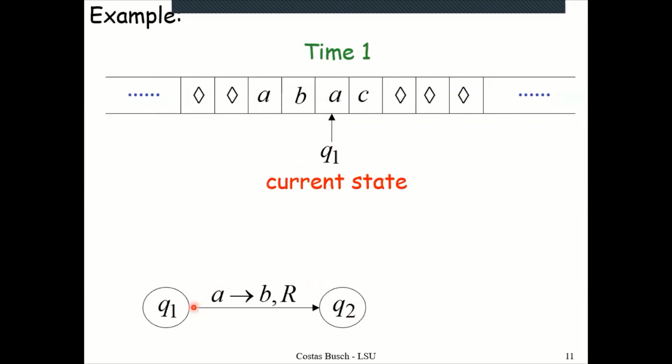Now my transition function says to replace this A with the B, go to state Q2 and move the head to the right. So in time 2, I should have A, B, B, C, and the arrow should be beneath the letter C because the read write head has to move one step to the right, and the active state of the machine is going to be Q2.